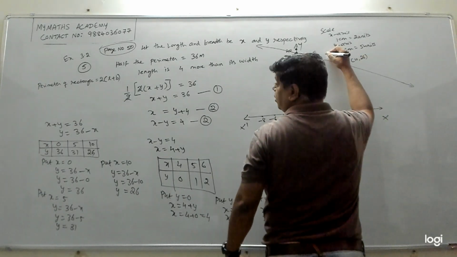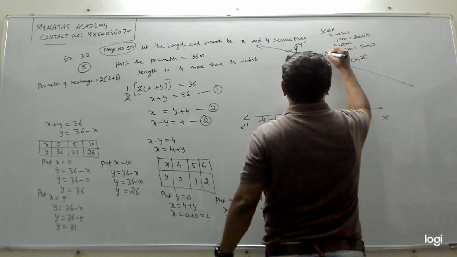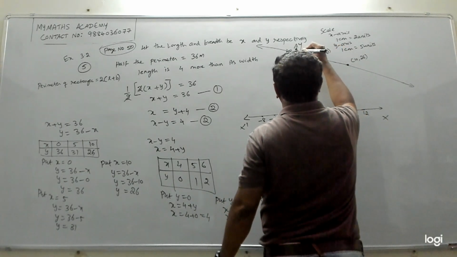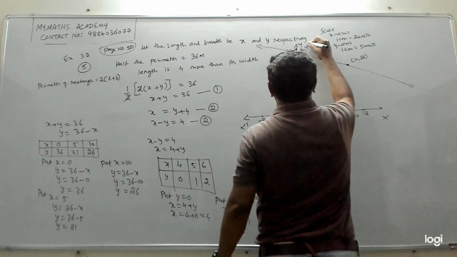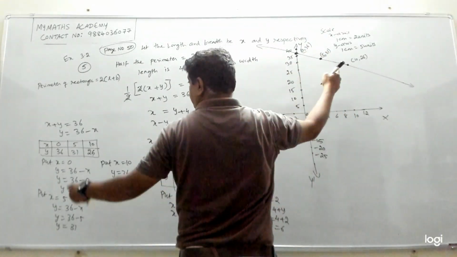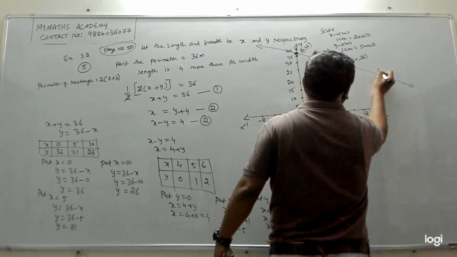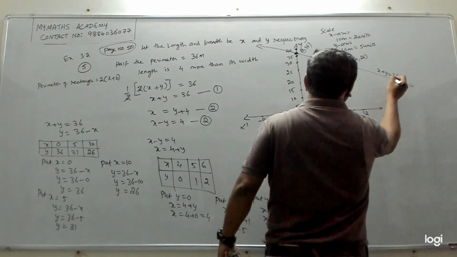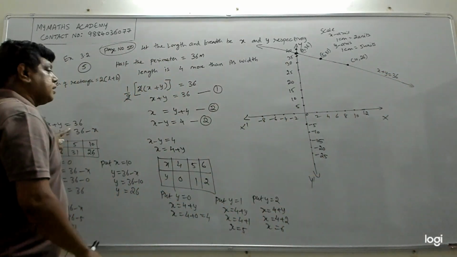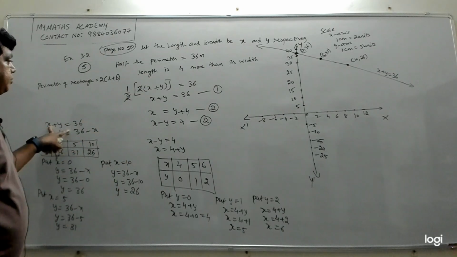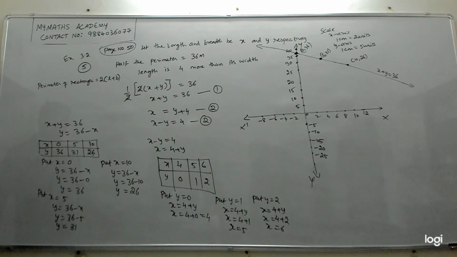This point is 5, 31. And this point is 0, 36. And this line is the equation for x plus y equal to 36. This is the equation for this. So that is the line for this equation. Clear?